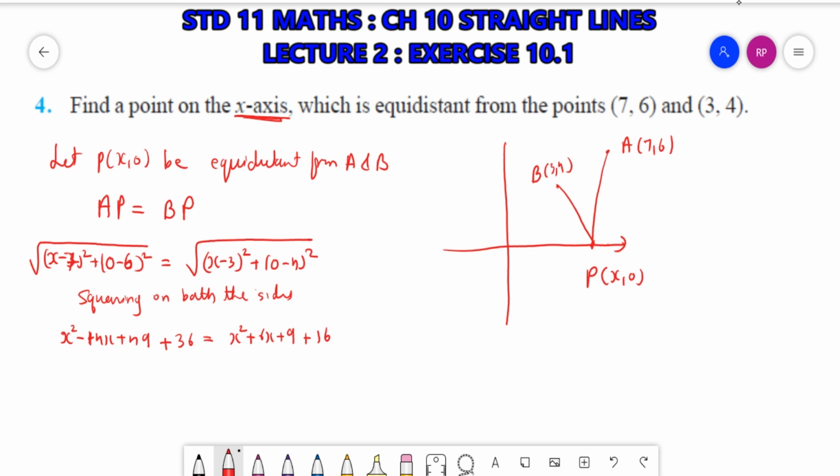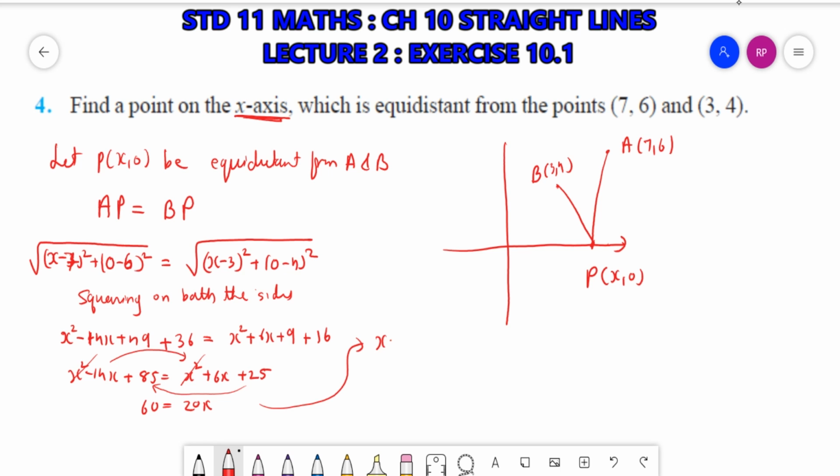So x square minus 14x plus 49 plus 36 will be equal to 85, and x square plus 6x plus 9 plus 16 will be equal to 25. X square gets cancelled. 14x, let's take it on this side, there will be plus 14. So 20x, and 25, let's take it on this side. So 85 minus 25 will be equal to 60.